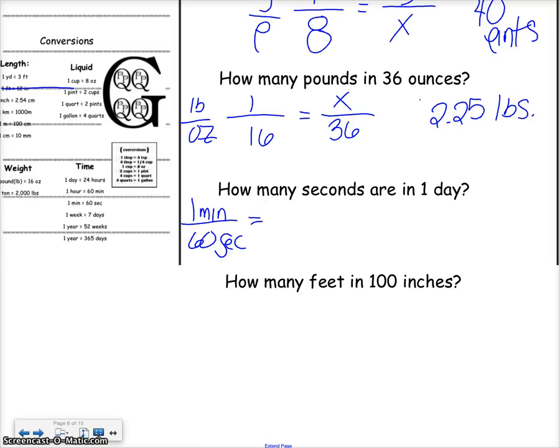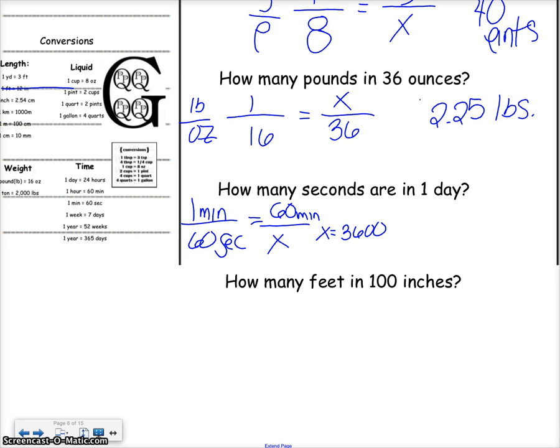I'm trying to get myself to a day, so I'm going to say as 60 minutes is to how many seconds? Again, I got myself to an hour because I want to get myself to 24 hours in a day. Okay? So that would be 3,600.